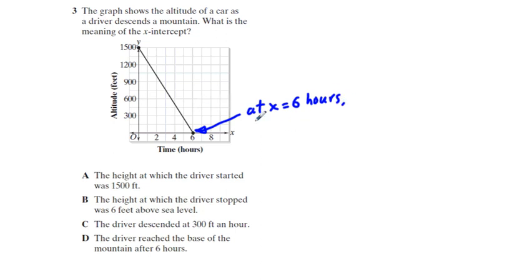What is the elevation or altitude? Altitude is equal to 0. So yes, reach the base of the mountain after 6 hours. This will be the altitude of the mountain. Okay, so after 6 hours, we've reached the base right here, D.